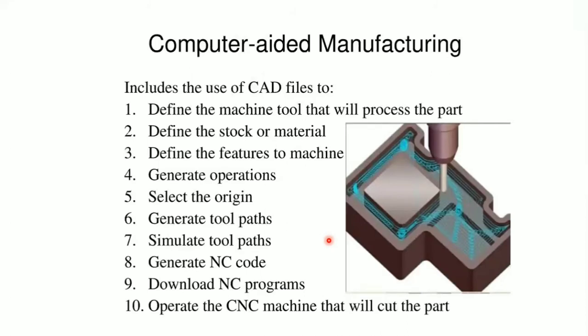Computer aided manufacturing includes the use of CAD files. Different steps you can see here: define the machine tool that will process the part, define the stock or material, define the features to machine, generate operations, select the origin, generate tool path, simulate tool path, generate NC code, download NC programs, and operate the CNC machine that will cut the part.